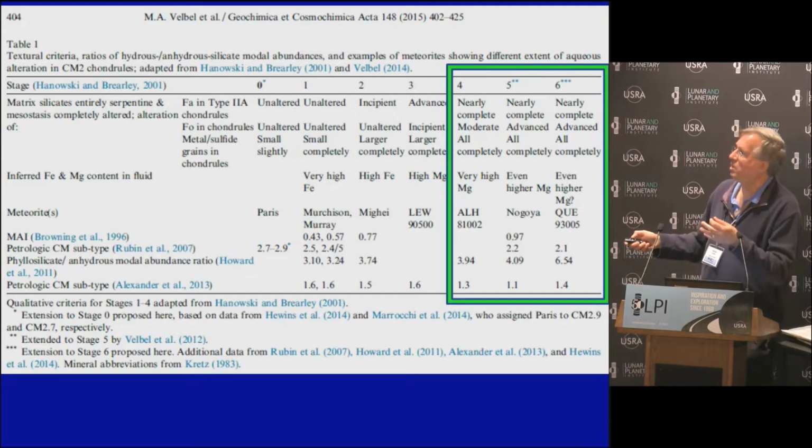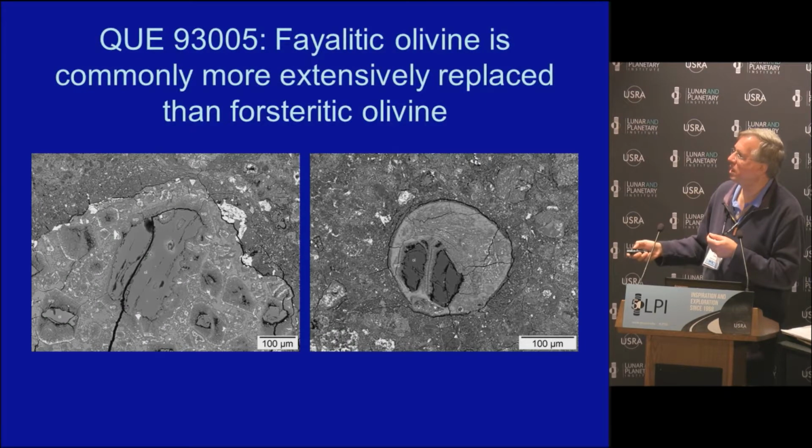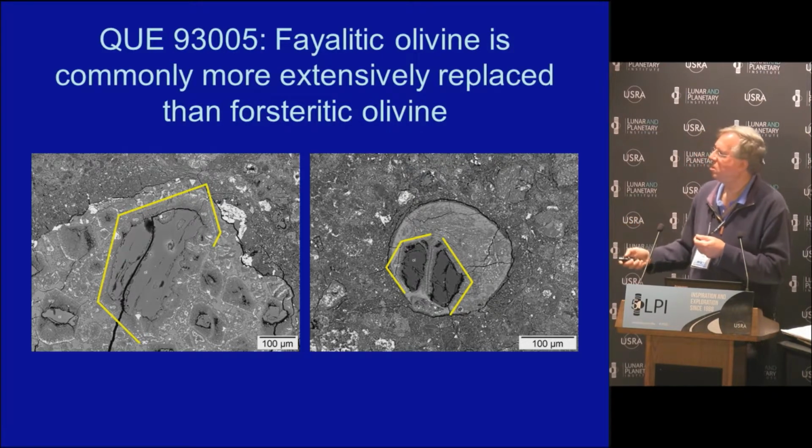The work that we published, and you can read most of it, on the more altered meteorites Nagoya and Queen Alexandra Range, we have partial pseudomorphs after ferroan olivine and after near-end-member magnesian olivine. We can toggle back and forth between the outlines of the crystals here, and we can see classic meshwork serpentinization textures in the magnesian olivines and a more center-seeking replacement starting at the periphery in the case of the more iron-rich olivine.